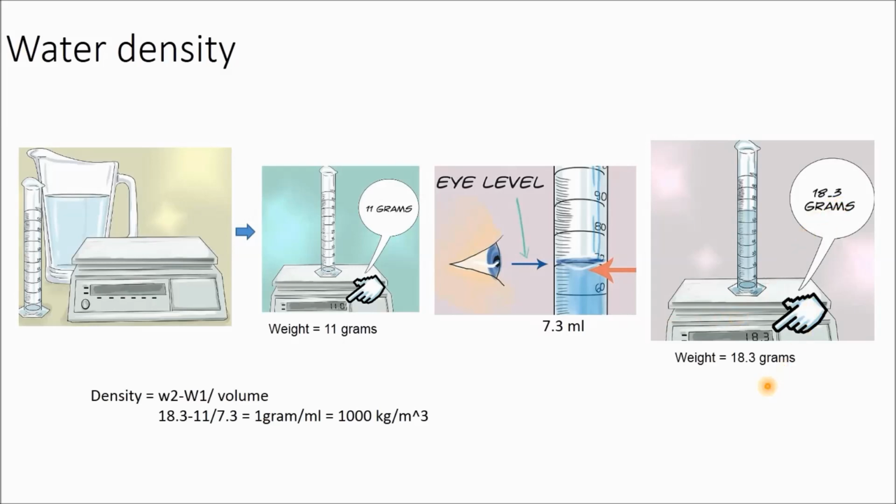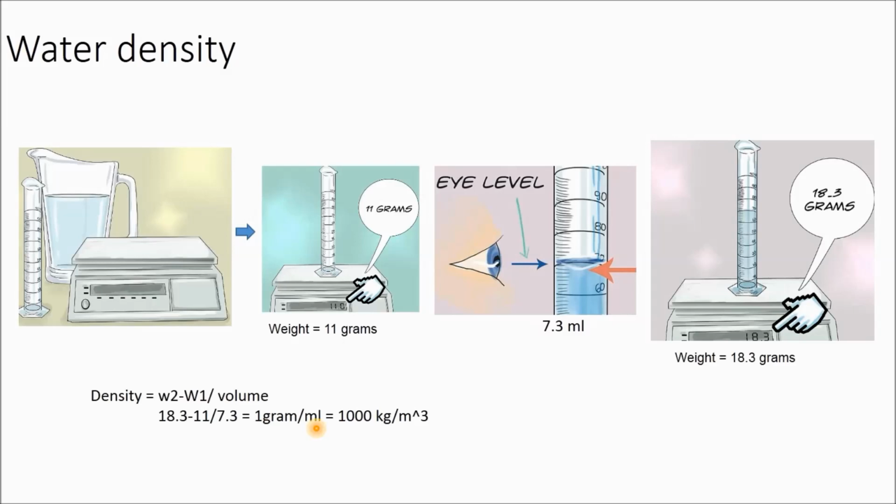Now you want the weight of the water. If you are weighing the water, you should subtract the weight of the glass or the empty instrument. That is why I did W2 minus W1. So I got 18.3 minus 11, divided by 7.3, is equal to 1 gram per ml or 1000 kg per meter cube.